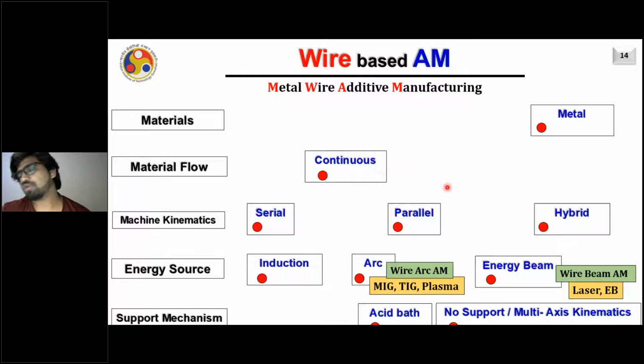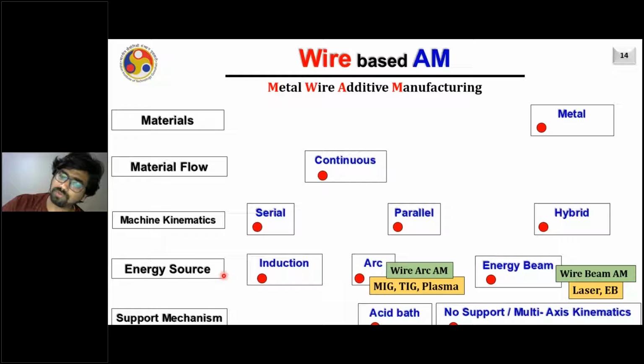Other processes could be drop on demand or something that I have not written here. What type of machine tool is used? Why is a machine tool utilized? It is basically utilized to give the relative motion between the substrate and the wire, right? So for that, different types of machine kinematics can be used, like serial kinematics, parallel kinematics, or hybrid kinematics.